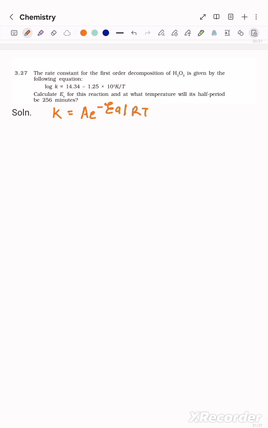Now we take log on both sides, so the equation becomes log k is equal to log A minus Ea by 2.303 RT.